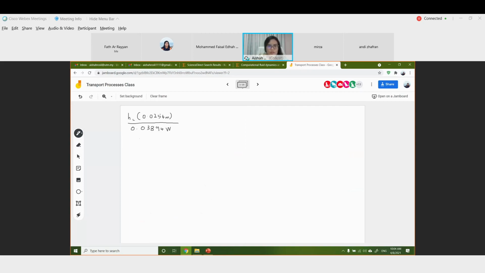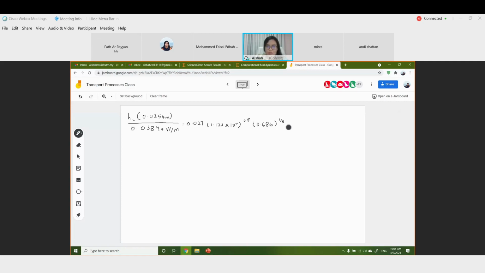0.03894 watts per meter kelvin. And then just plug into the formula the Reynolds number 1.122 times 10 to the power of 4, to the power of 0.8, then times the Prandtl number that you can find in the appendix.